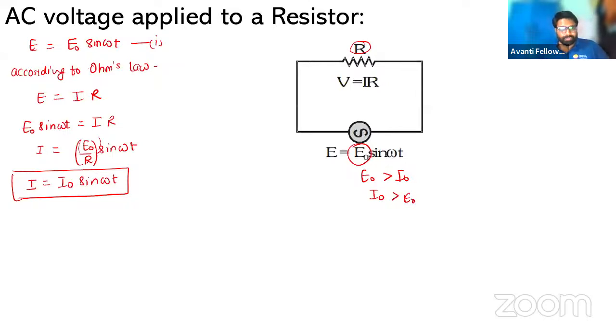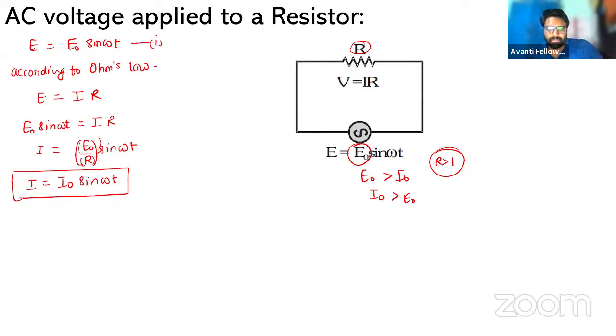Look, it will depend on the value of R. If R is greater than 1, then this value is reducing. If something is divided by a value greater than 1, then the resultant value will decrease.